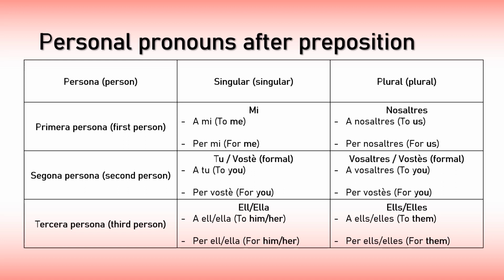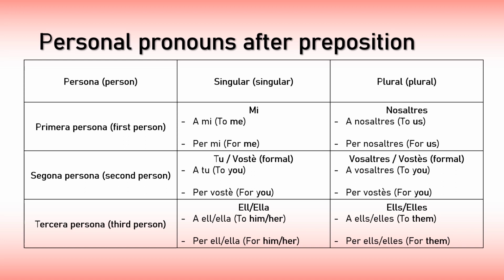So for the second person singular, you say tu and vostè, a tu, per vostè. And for the plural, you say vosaltres and vostès, a vosaltres, per vostès. For the third person, same thing, ell and ella, and ells and elles.